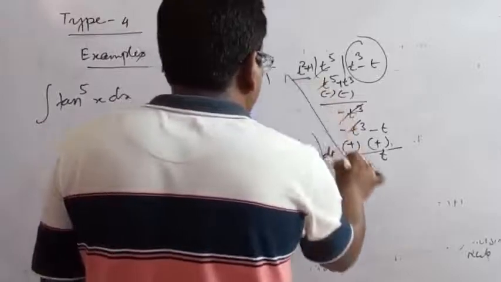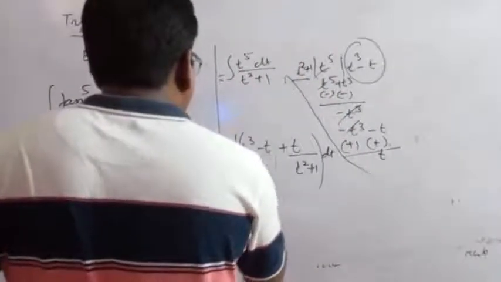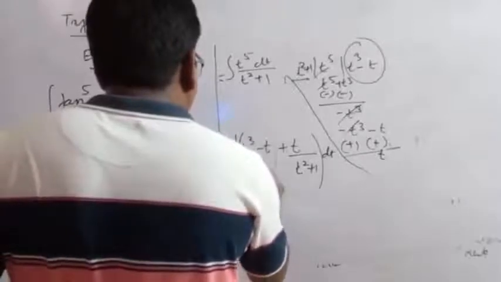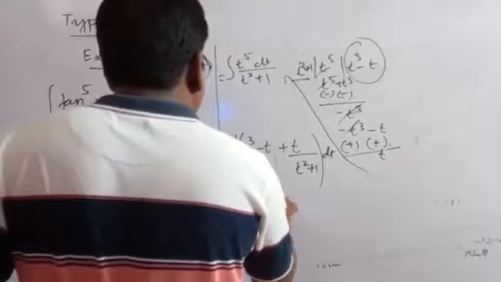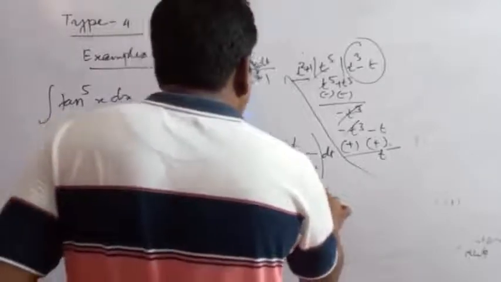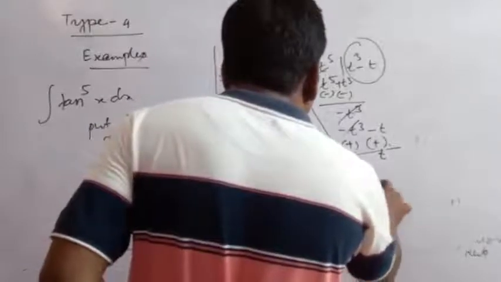So this will be the integration of t cube minus t dt, plus the integration of t divided by t square plus 1 dt.